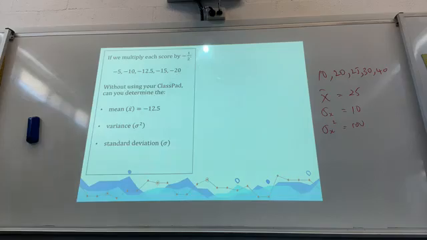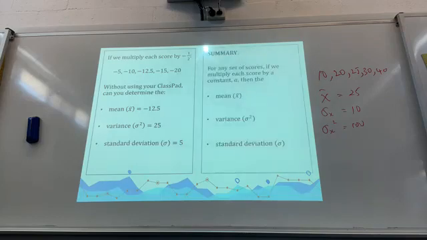The variance will therefore be 25, because it's a square. It cannot be a negative number. And the standard deviation is the root of that, which is actually 5, because we are actually looking at just the absolute value.